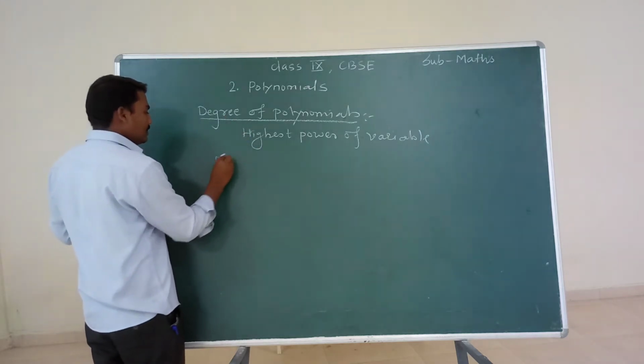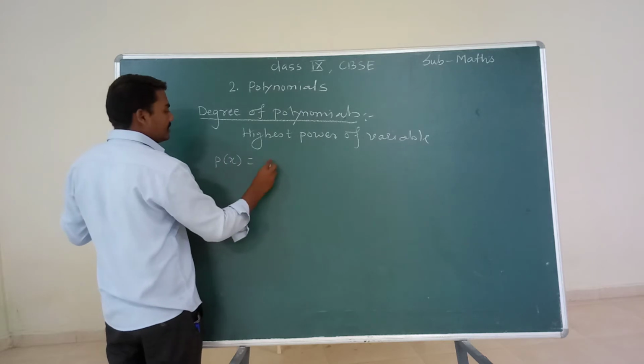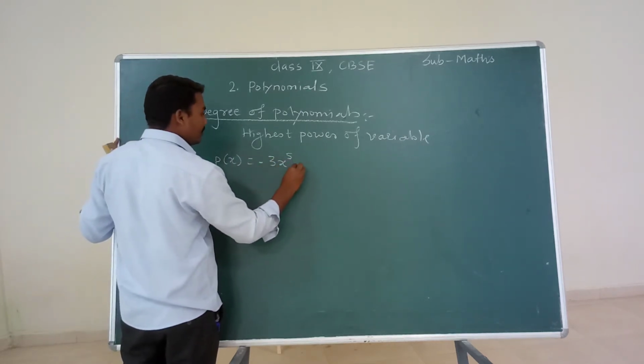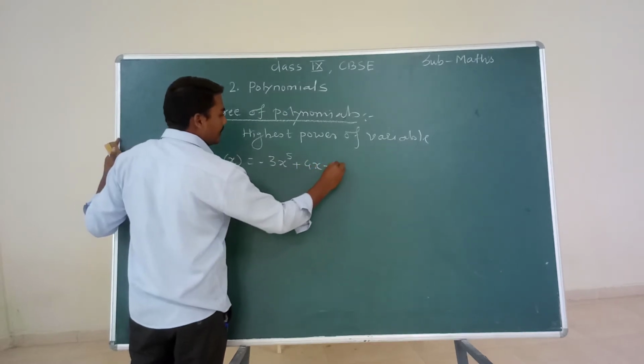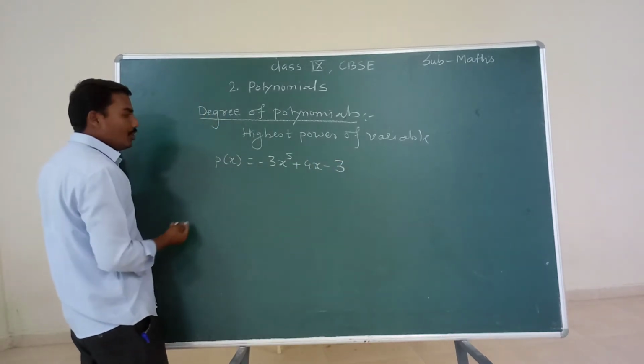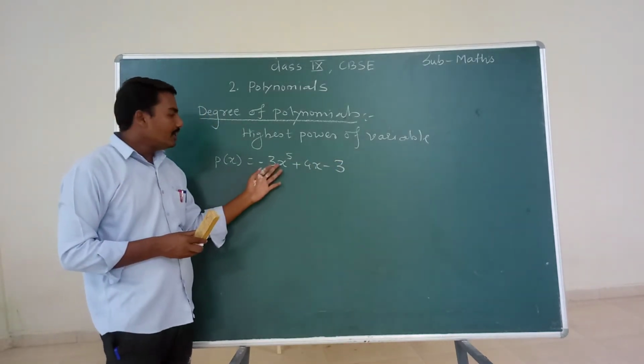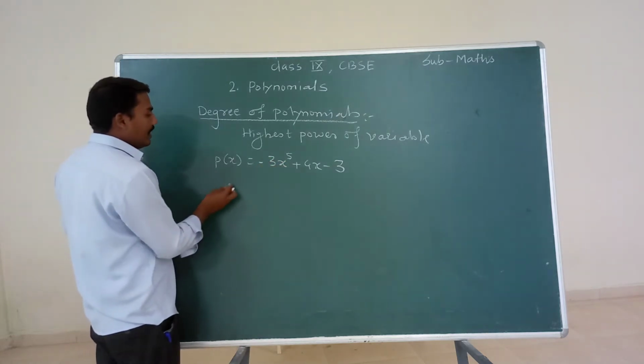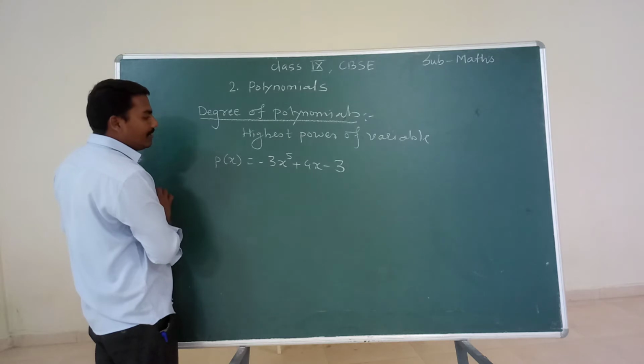Example, suppose p of x is equal to minus 3x raised to 5 plus 4x minus 3. It is the polynomial. Yes, it is the polynomial, non-negative integer power. In that we have to find the degree of this polynomial.